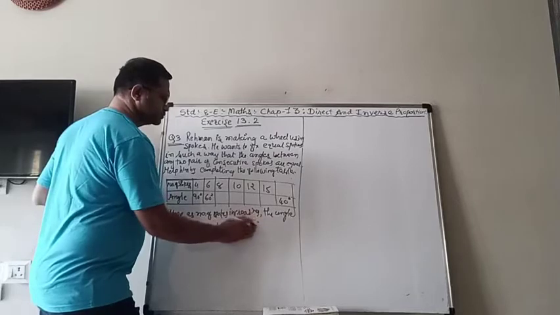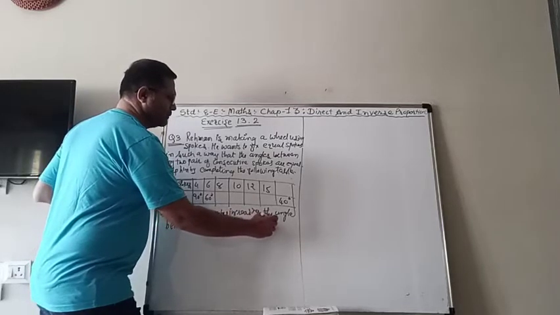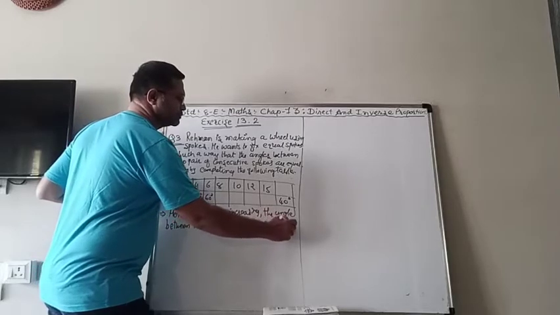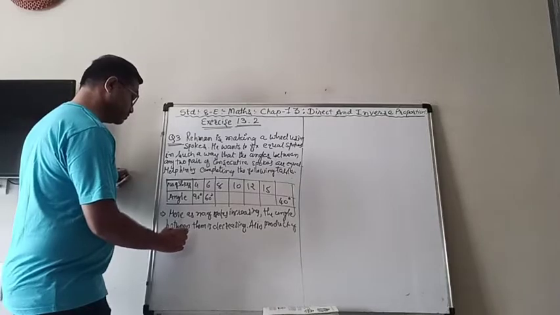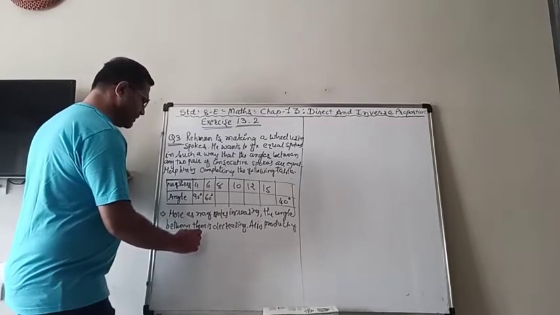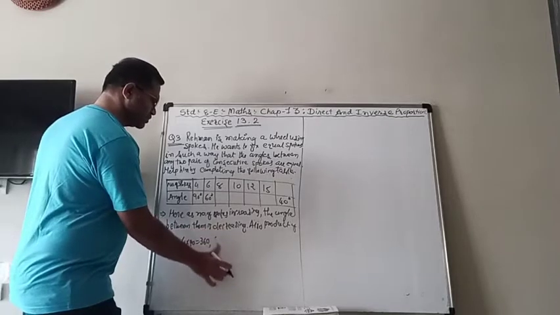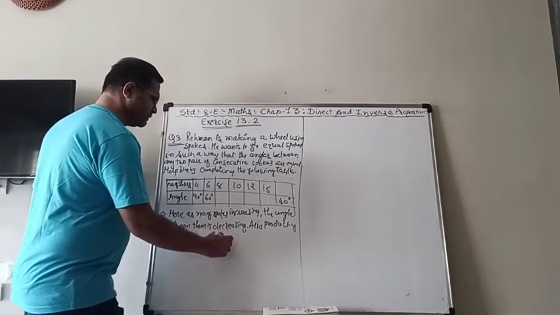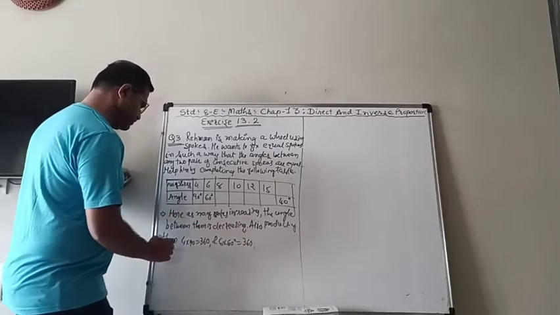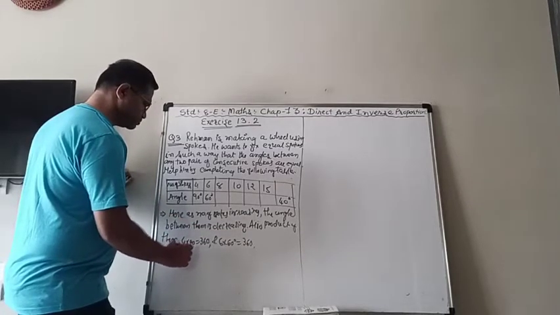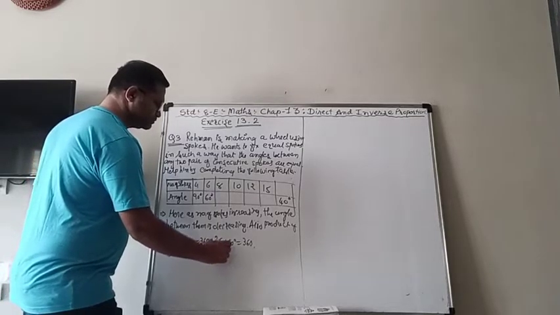Also, product of them: 4 multiplied by 90 is equal to 360 and 6 multiplied by 60 is also 360. Therefore, it is a case of inverse proportion.